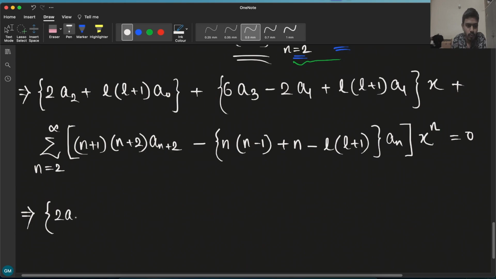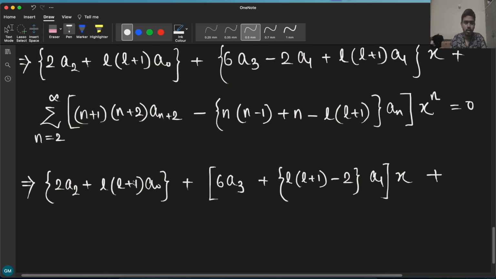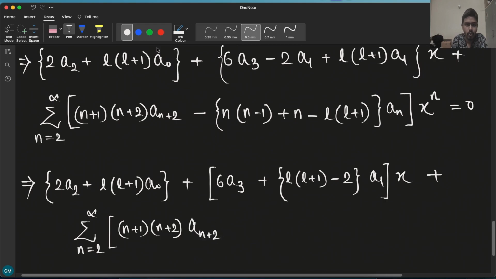So it is 2a2 plus L into L plus 1 a0, plus 6a3 plus L into L plus 1 minus 2 times a1, times x plus the sum over n equals 2 to infinity of n plus 1 times n plus 2 a n plus 2. Now let me simplify this.